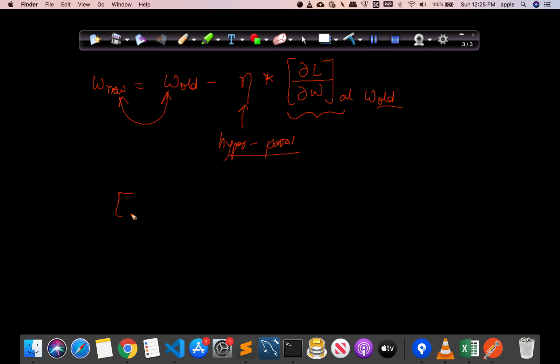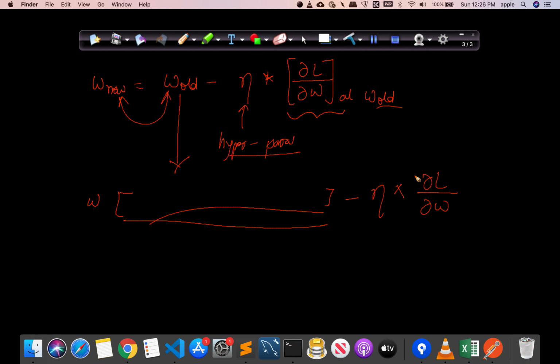See, suppose we have a current vector w. Now if we want to update this one, then we will treat this one as w old, and then we will multiply it with the learning rate, and we will differentiate the loss function with respect to this w, and the w that we will get after solving this particular thing will be w new.